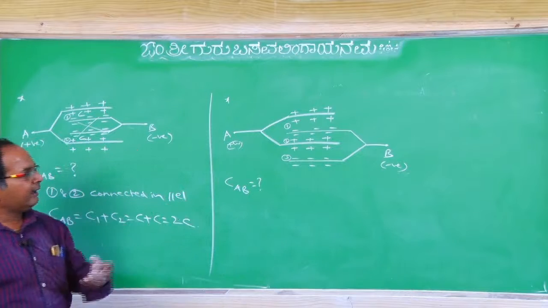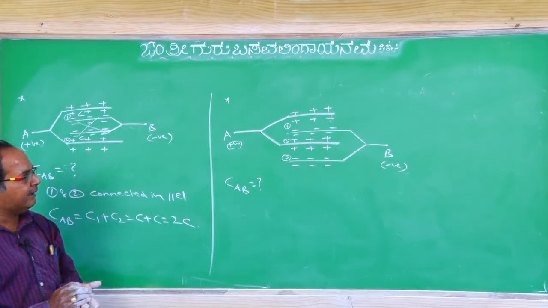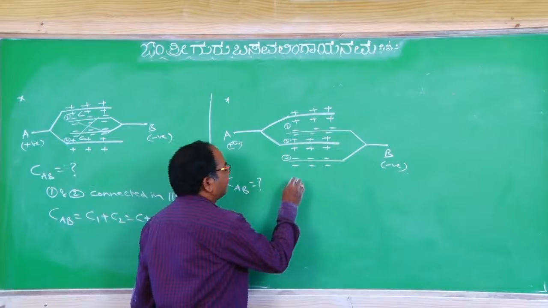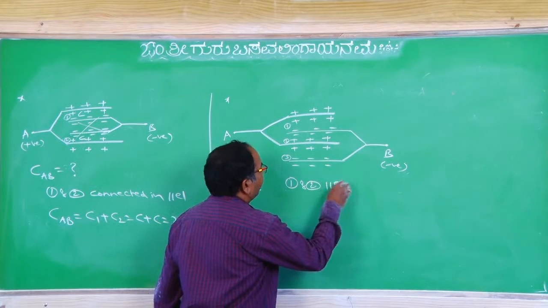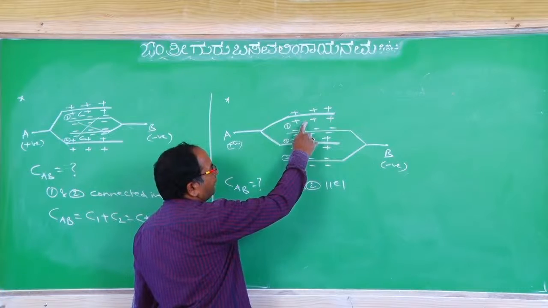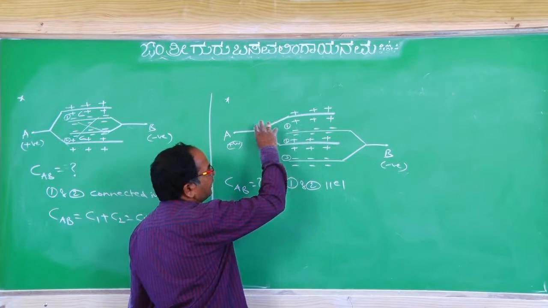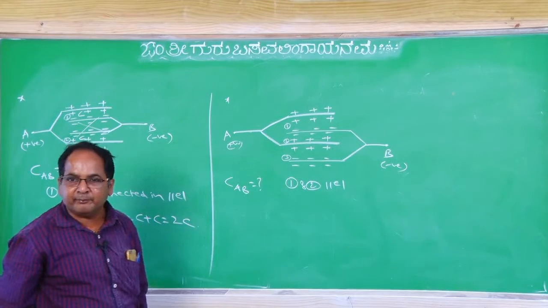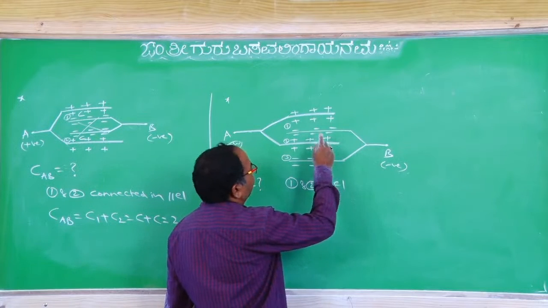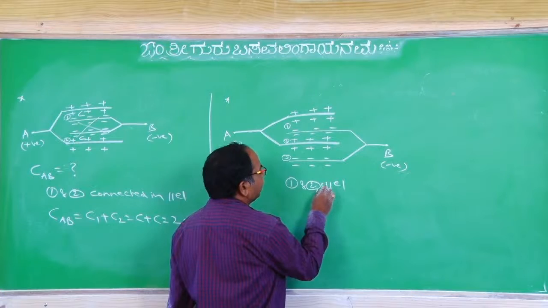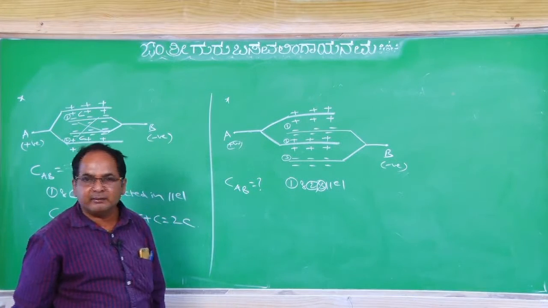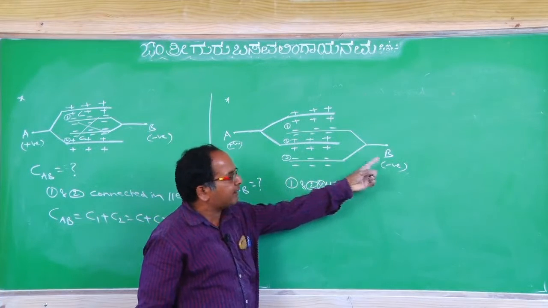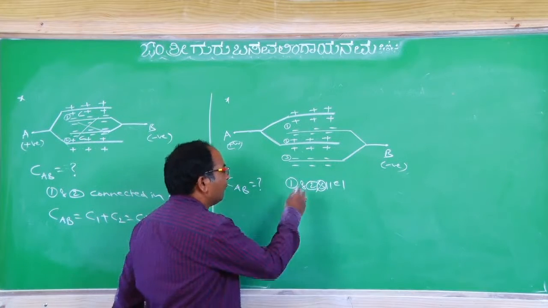Now try to tell which are in parallel and which are in series. 1 and 2 are parallel. Why? The positive plates of 1, 2 and 3 are all connected to A, and the negative plates, first, second and third, are all connected to B. So 1, 2, 3 are all parallel.